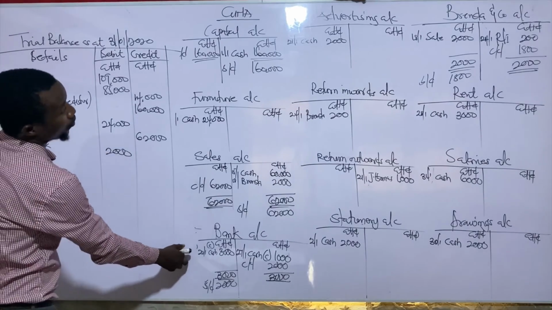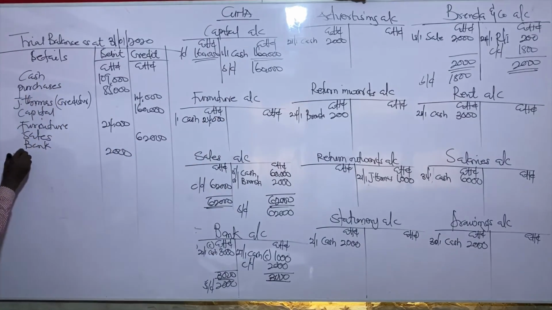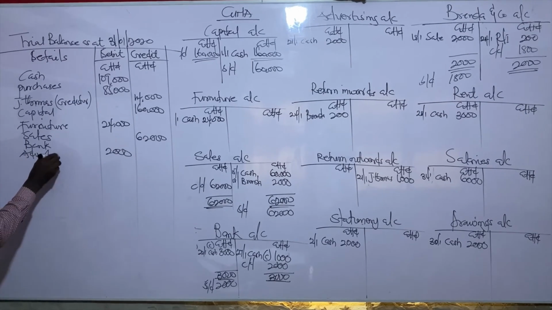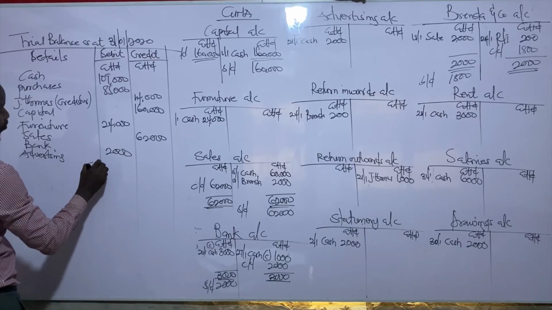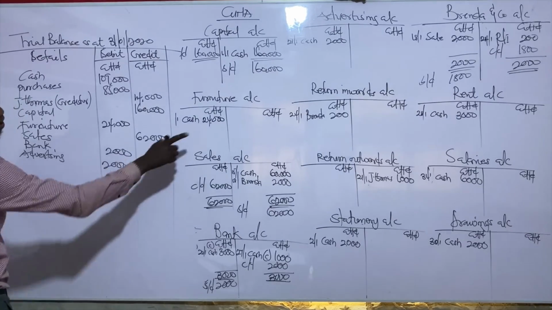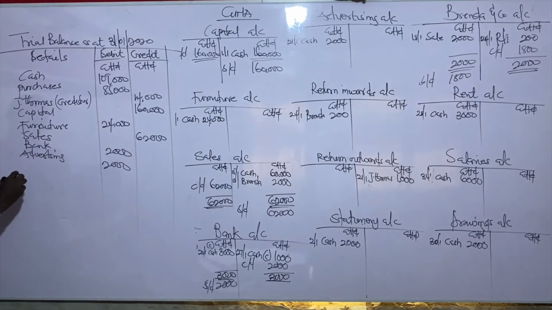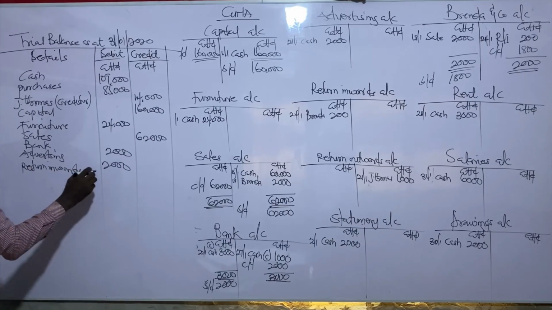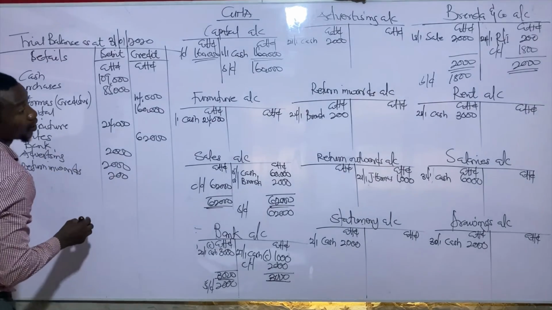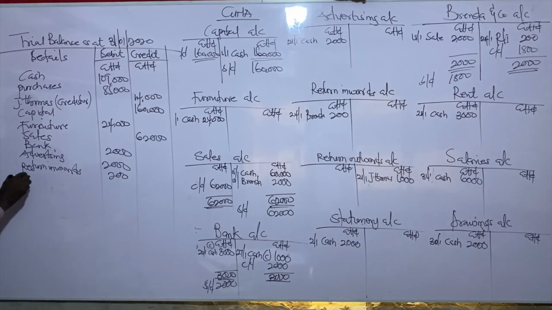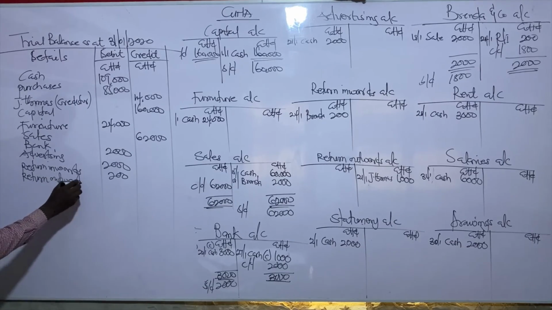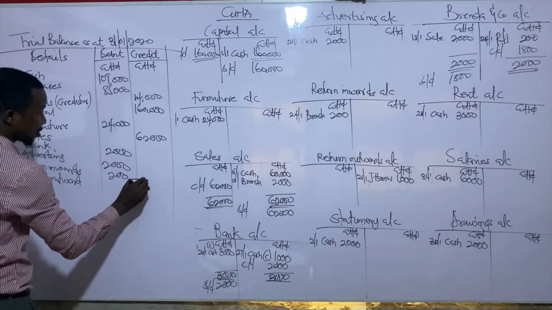From here, we have advertising, a debit balance of 2,000. We have return inwards, a debit balance of 200. We have return outwards, and it was a credit balance of 1,000.